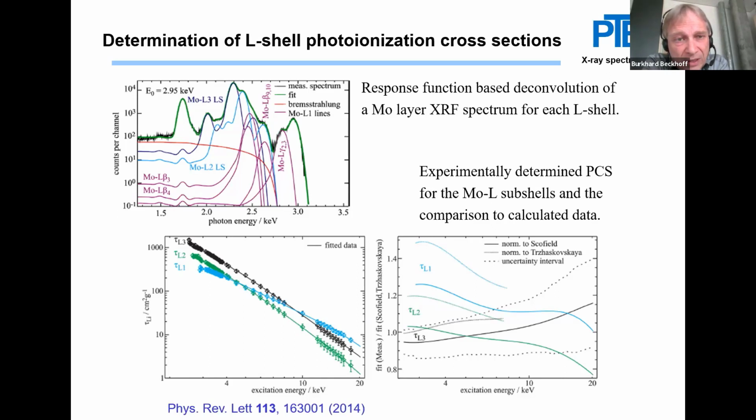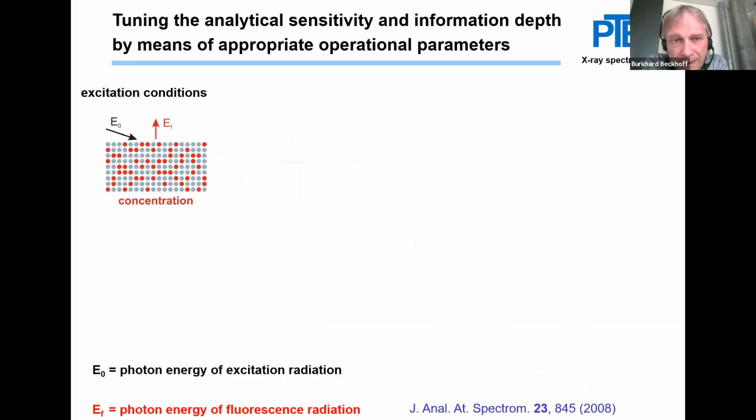So it's not a mathematical model. And you see in the upper left side how well this works when comparing the fit as against the measured spectrum. Deviations that we still have in the lower range are presumably due to the spectral background contributions that have not yet been modeled physically.